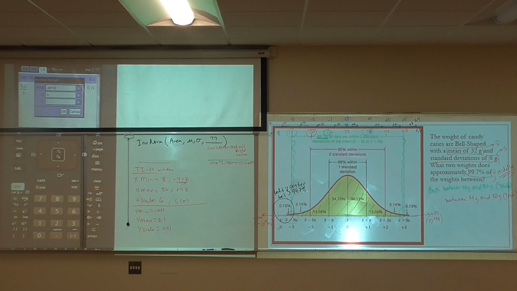I just move the decimals over to the left 2 units. So we have that. Next, coming down over here, my mu is 32 and my standard deviation is 46. Now when I enter it, this right here gives me the left area.